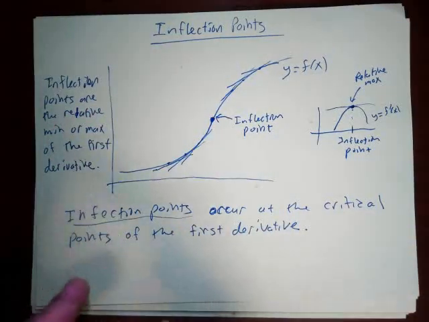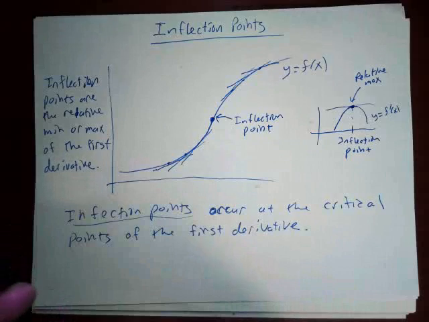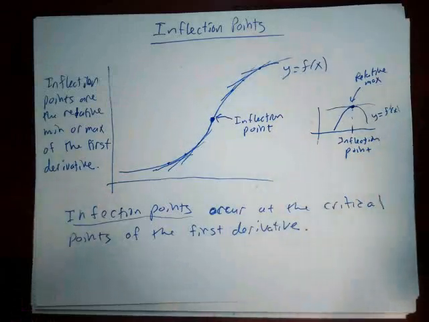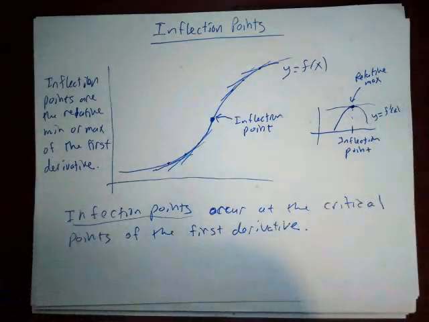So if we think back to the critical points and the relative min and max of the original function, if a function has a relative min or max, then that occurs at a critical point. Okay, but just because a function has a critical point doesn't mean that it is a relative min or a max.